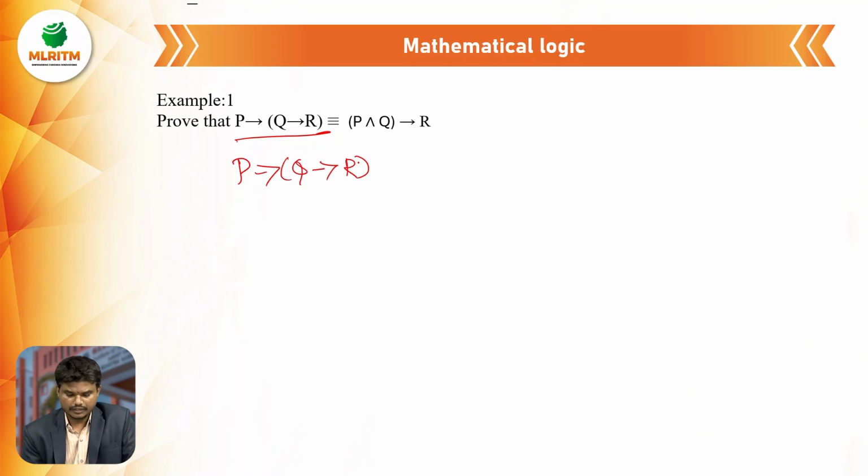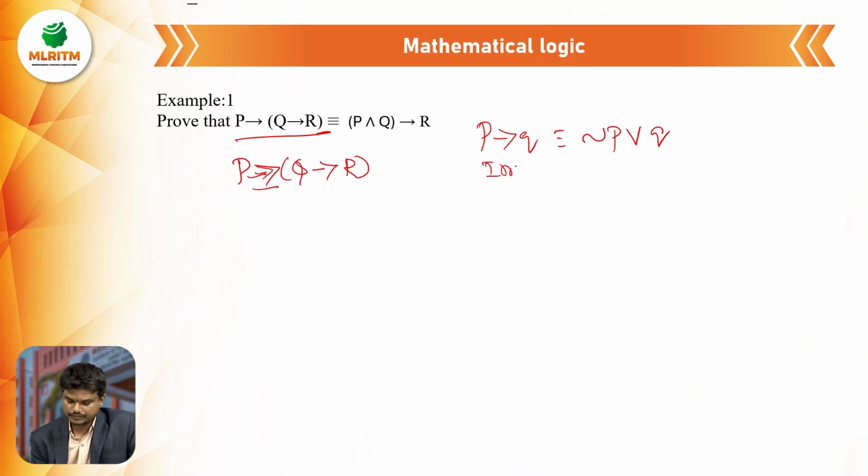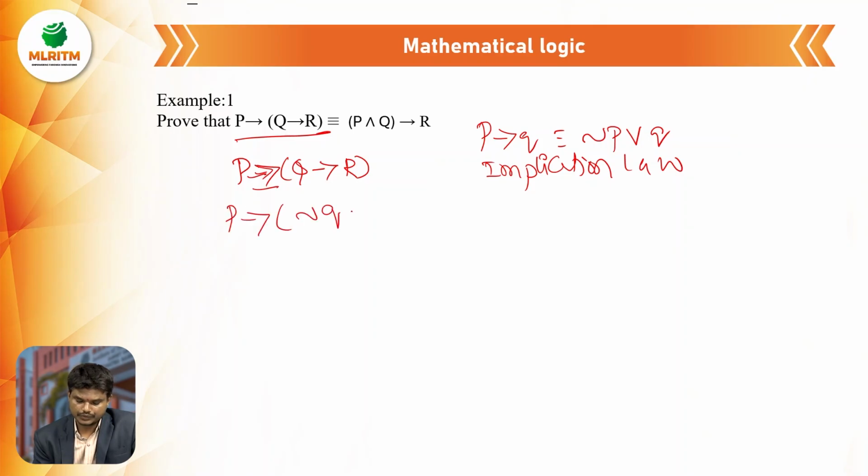So here, what is the condition? P implies Q implies R. What is the implication law? P implies Q is equivalent to negation P or Q. By using the implication law, here we can write P implies (negation Q or R).